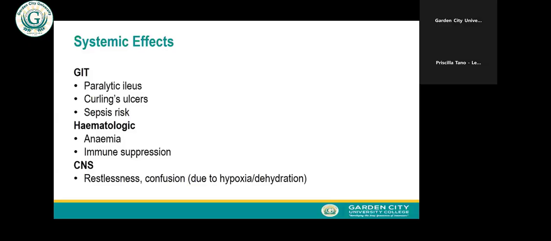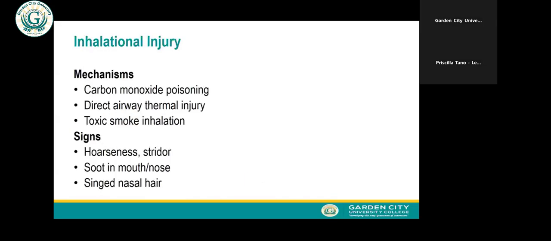Hypoxia or dehydration. We should know that when there is burns, there is decreased blood flow to all other organs, including the brain, so there'll be reduced blood flow and oxygen to that site as well. And so there'll be neurological disturbances, right?